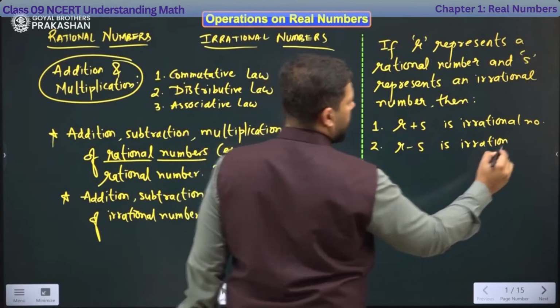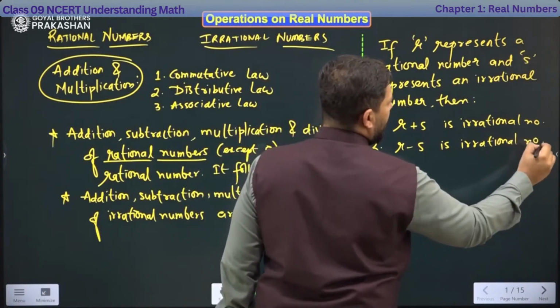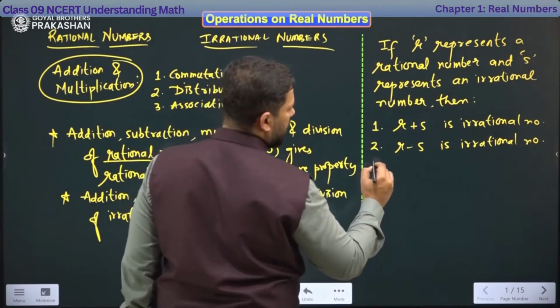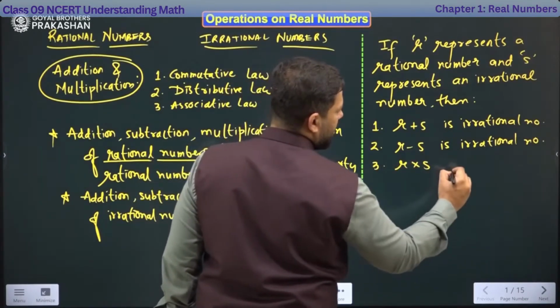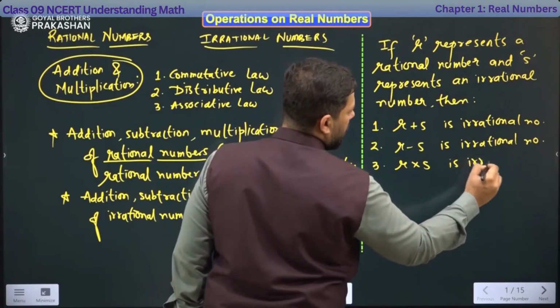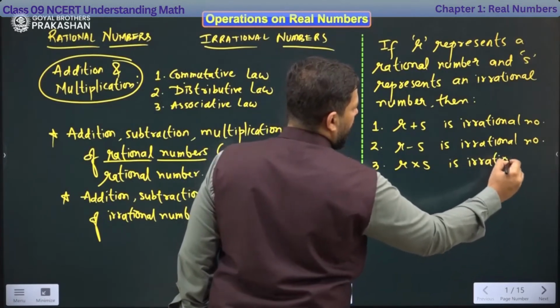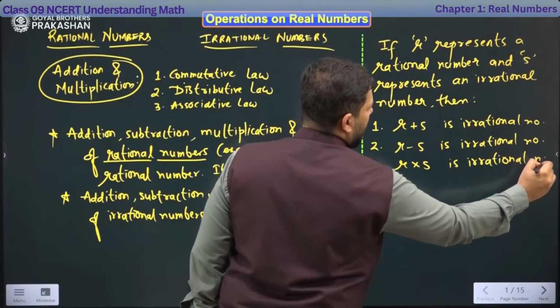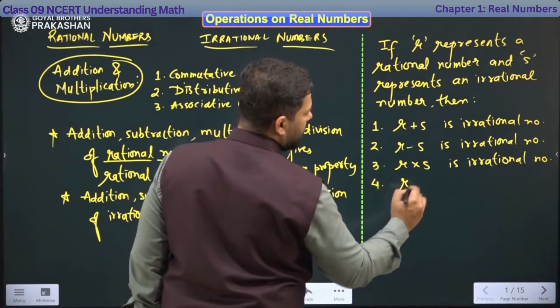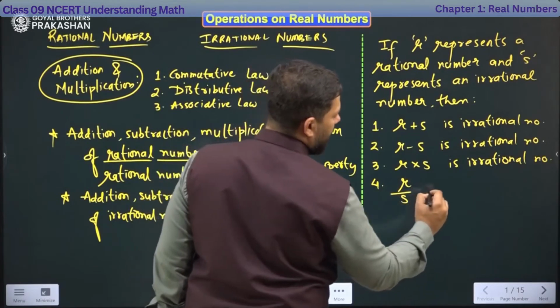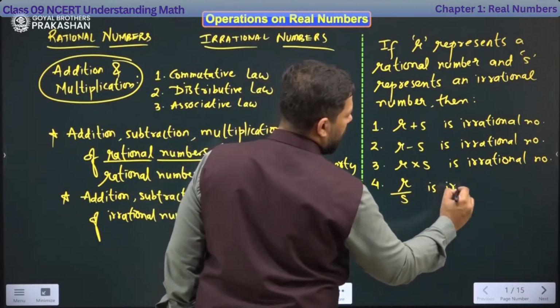That means the subtraction of a rational and an irrational results into irrational. R multiplied with S is again irrational. The product of a rational and an irrational number results into irrational number itself. And at last, a rational divided by an irrational is irrational.